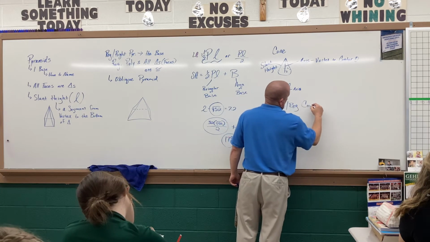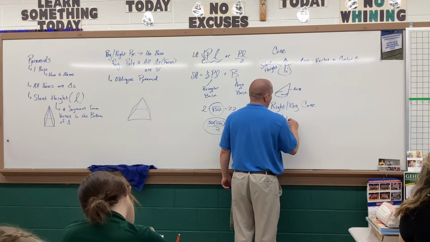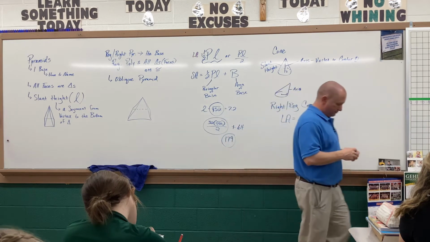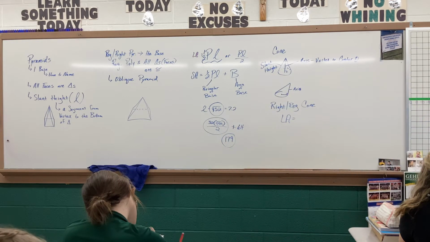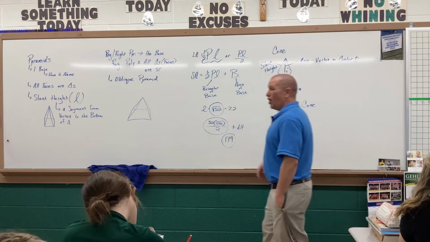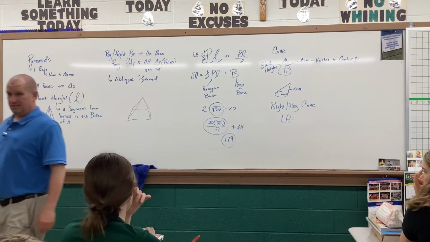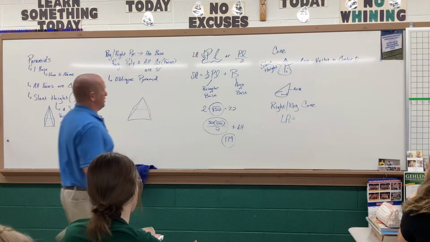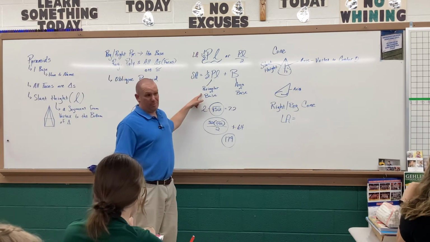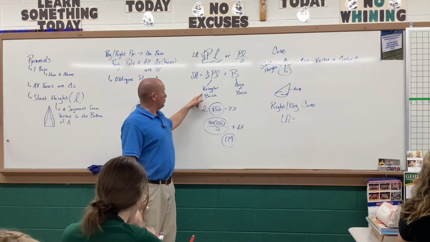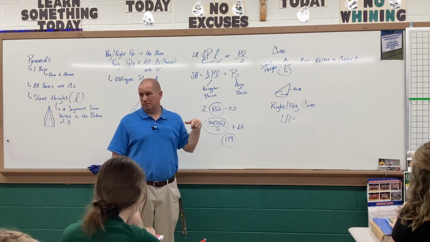So if I have a right or a regular cone, and I'm talking about the lateral area, this is a little bit simpler, because I always know what my perimeter is, because I always know what the base of a cone is. So what's the perimeter of a cone?